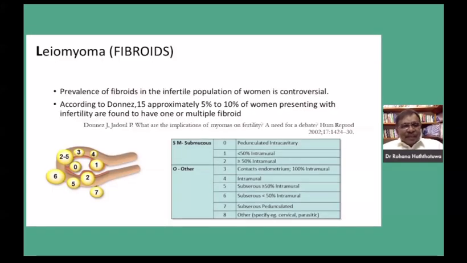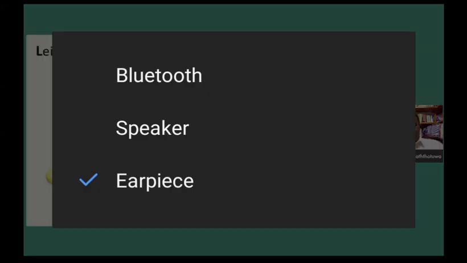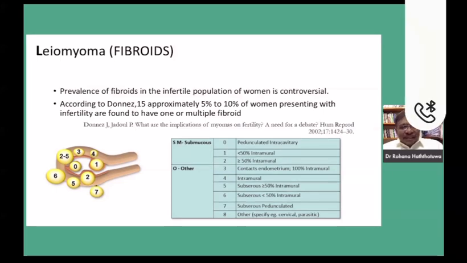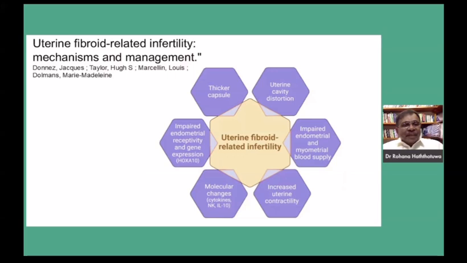Then when we consider leiomyomas, around 5 to 10% of women presenting with infertility are found to have them, and there is now a classification according to the newer PALM-COEIN classification.